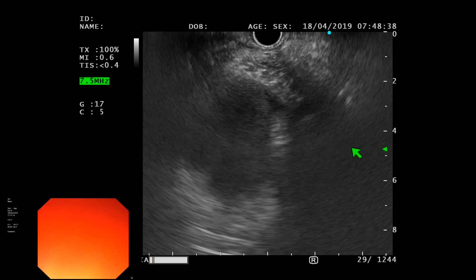This is the major gain and depth of the image set up. Anything beyond this arrow you won't get a good resolution of. Everything above that arrow gives you a good resolution. Beyond that, there's going to be a lot of noise, and you won't have good images.